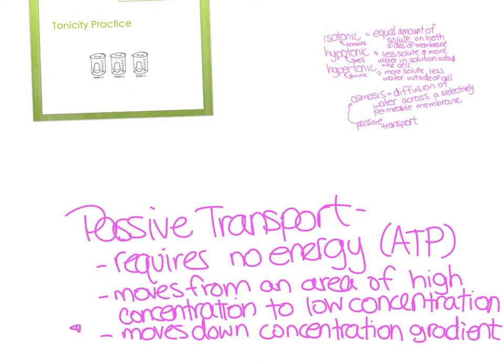And put a little star there because that's my driving force, moving down that concentration gradient. What else can you tell me about passive transport? What do you mean when it moves down? It's going from high to low. What else can you tell me about passive transport? No ATP, moves from an area of high to low, goes down the concentration gradient.